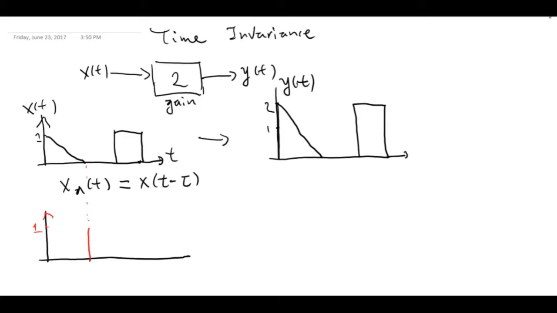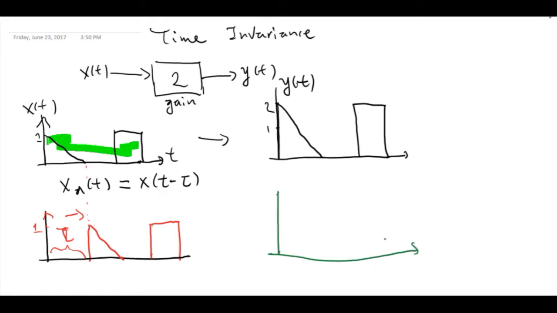What we can see here is the delay tau. Basically, we shift the whole waveform by tau.